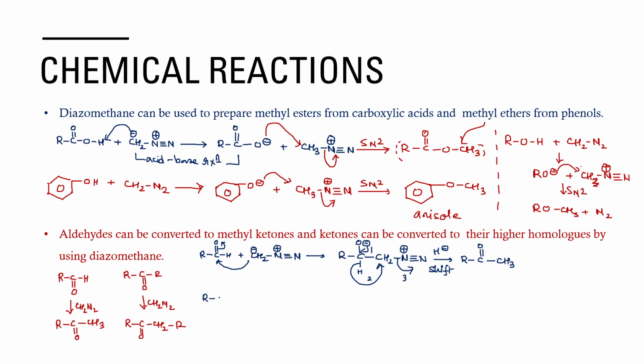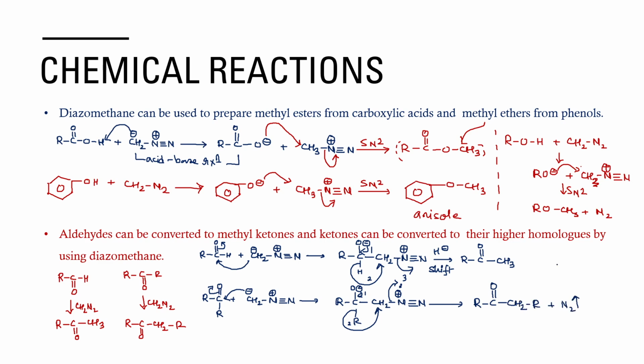Similarly, if you did this with a ketone, in that case there will be an alkyl shift. The alkyl group will shift. 1, 2, 3, and we would get RC double bond O CH2 R plus N2 gas.